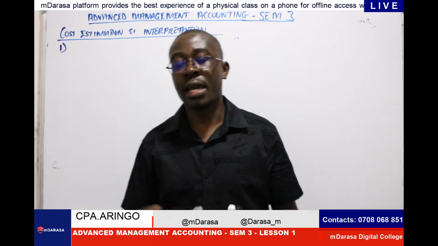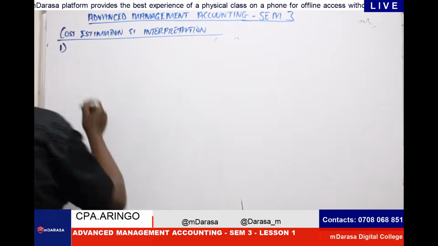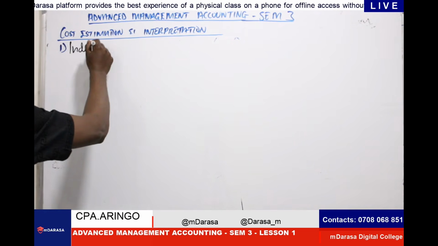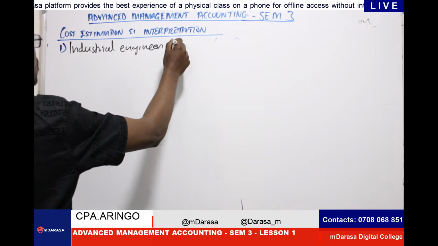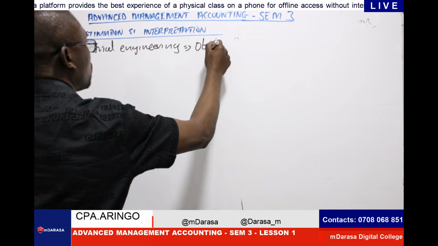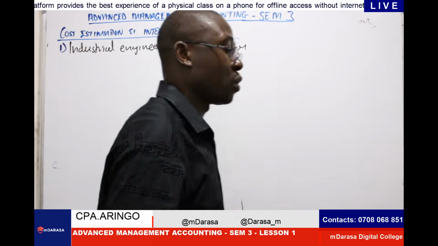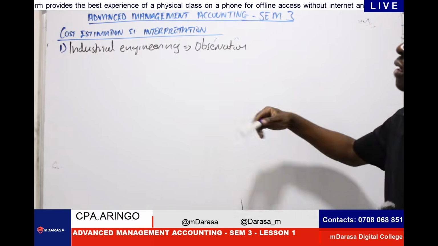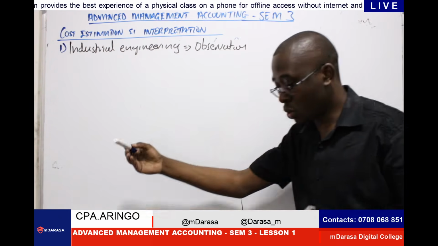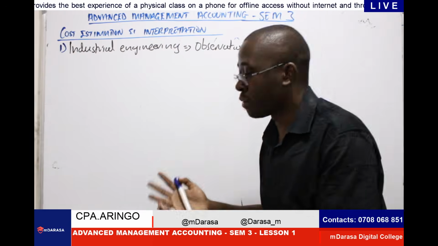The reason why it is a unique method is because I am predicting cost based on observation. Looking at industrial engineering method here, the teacher is saying that we normally estimate our cost based on observation. Why? Because at this level or method, I don't have existing previous costs. So if I was to predict my cost in future, what you are going to consider is the observation.